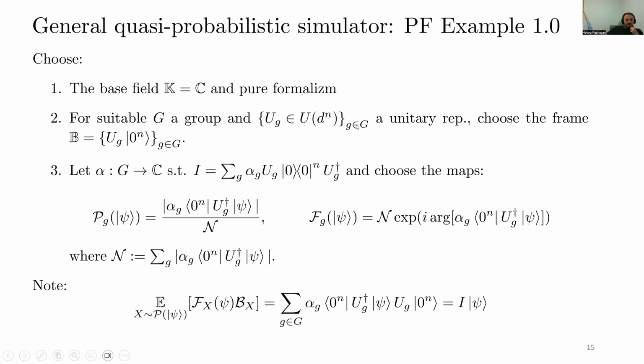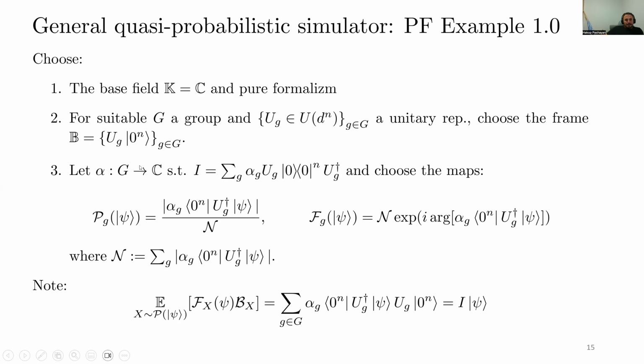So each of these U_G relates to one of these group elements, and we choose the frames to be this unitary representation acting on the all zero state. And we'll have some function alpha that takes group elements to C. Maybe don't worry too much about this for now. You could imagine it's constant 1 all the time, so we can just ignore these alphas.